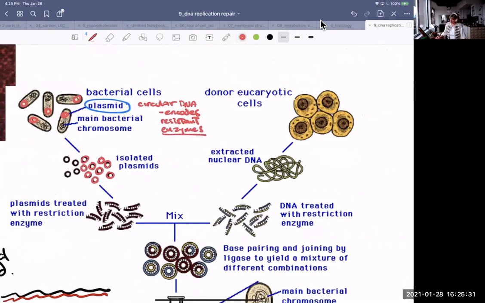And you've extracted some DNA from a donor, a eukaryote. Could be a human. In one case, that's how insulin is made. So this could be, for example, the gene for insulin.